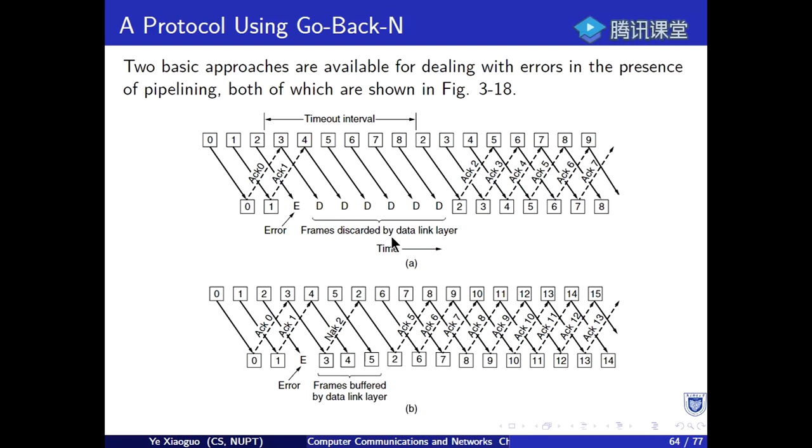Frames are discarded by the data link layer. Since frame E has an error, for the frames after E the acknowledgement should be NAK. Non-acknowledgements are transmitted to the sender.